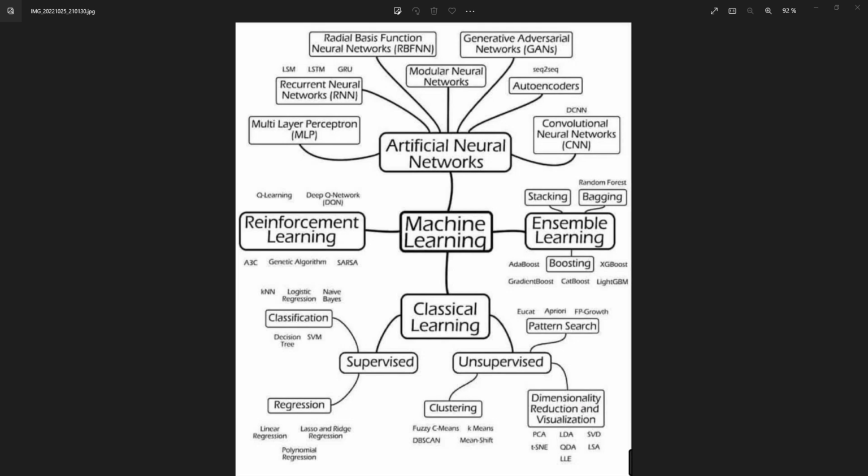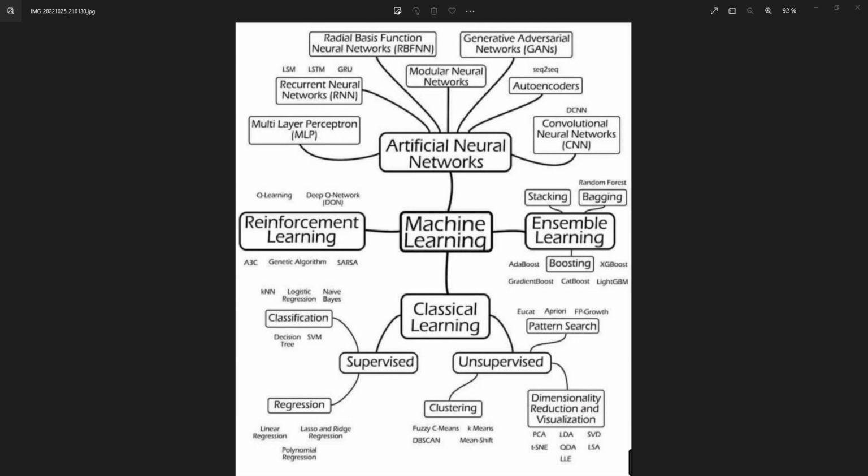Then you have autoencoders, which are really important to reduce or to do compression of some data. Then you have GANs, generative adversarial networks, where you have a generator model and another model which is analyzing or criticizing that.